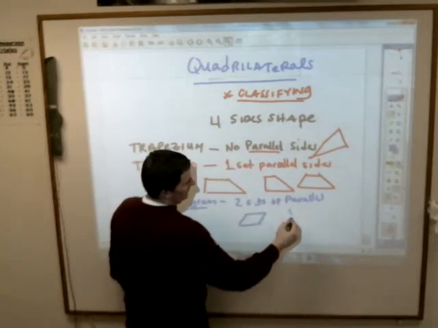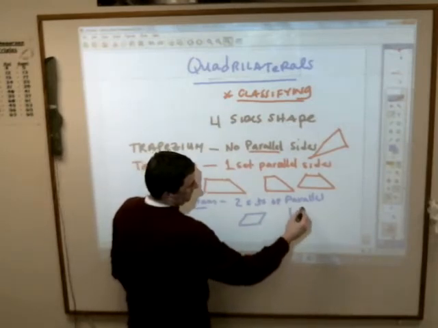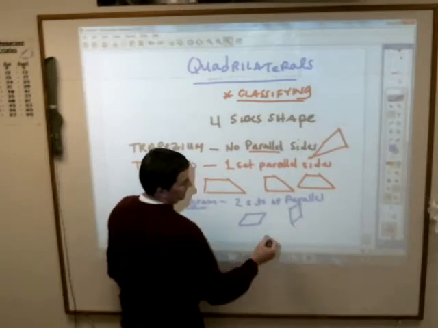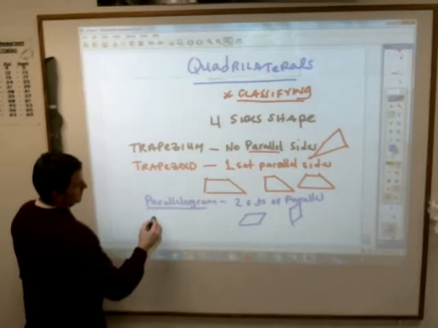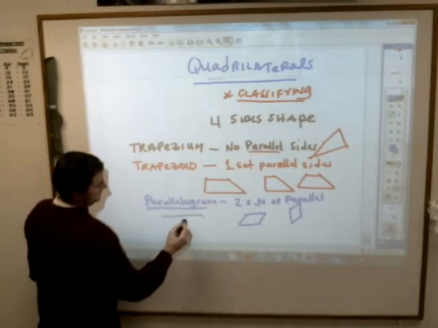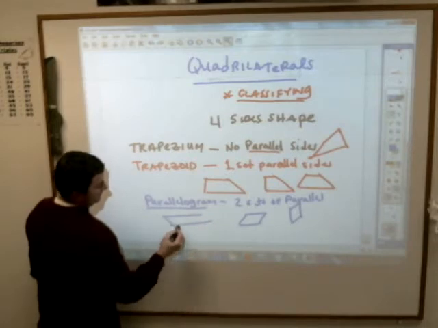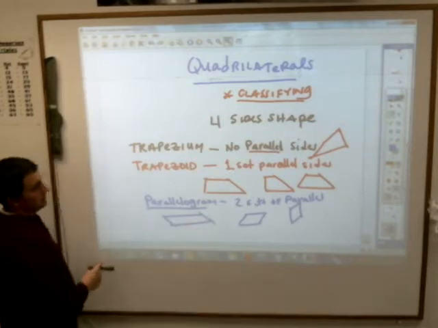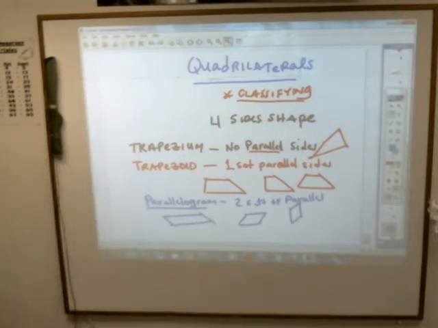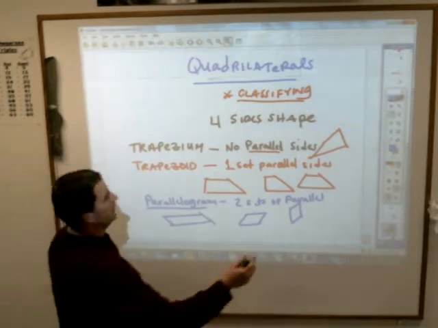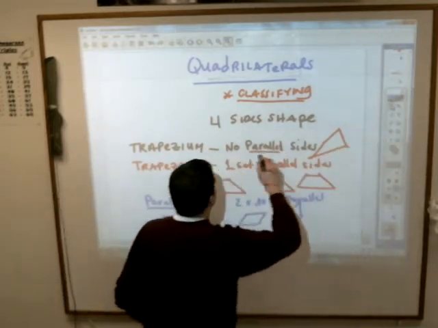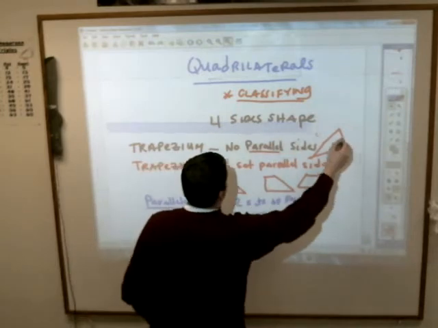We could have it drawn like this, and like this, goes like this, and like this. Could be really long, like that. This side is parallel to that side. Two sets of parallel sides. We need a little bit more room here, so if I can shrink this down a little.